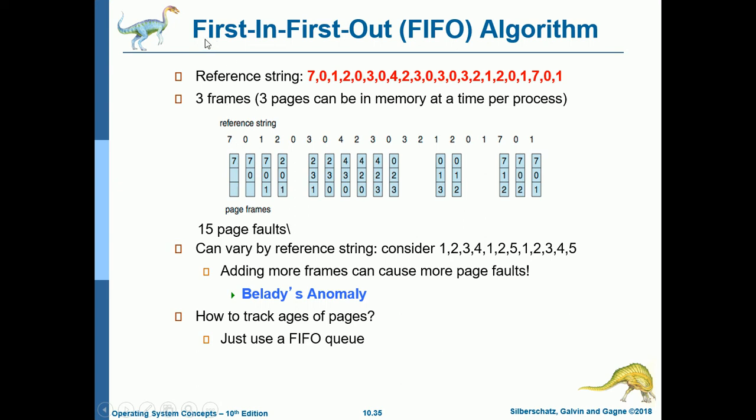The technique here is just to remove the first in line. If you continue until the end, we count 1 2 3 4 5 6 7 8 9 10 11 12 13 14 15. So we have 15 page faults.